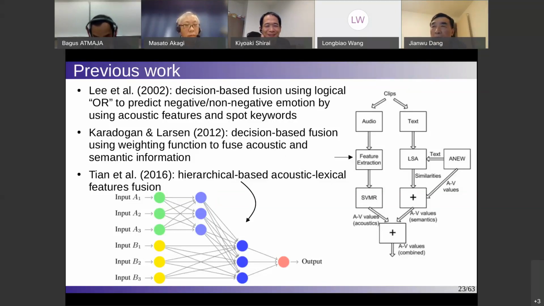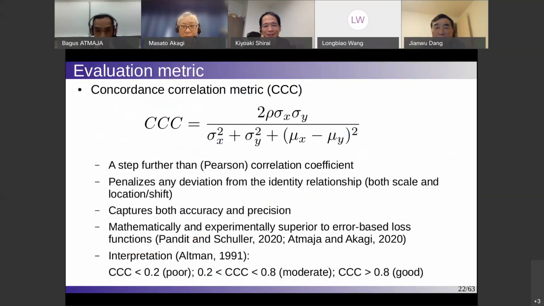In the beginning of the presentation, you said that if the CCC is greater than 0.8, it is regarded as good. Of course, your method can improve the performance of emotion recognition, but it is not good enough for real application.